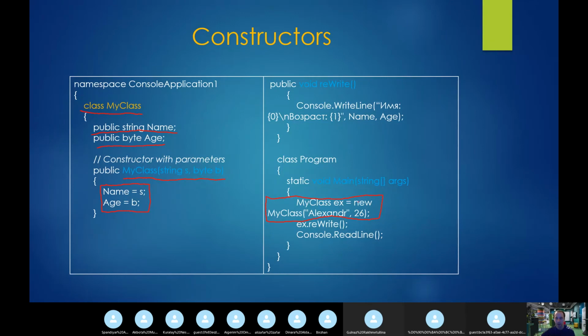So here the object with these arguments will be created, and we can also use the method rewrite. When we call this method, it will use the console output to write down the name and the age. So here it is.